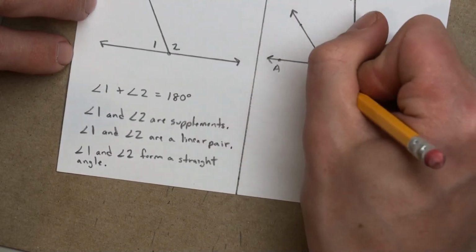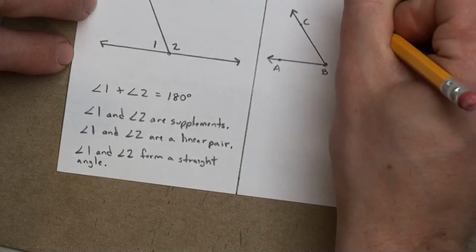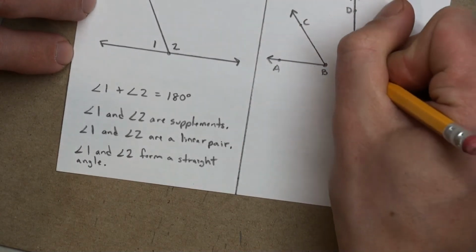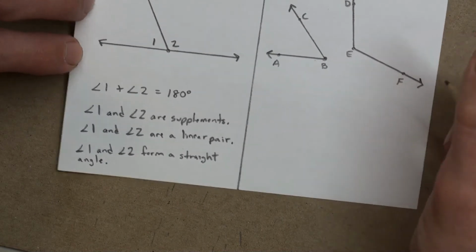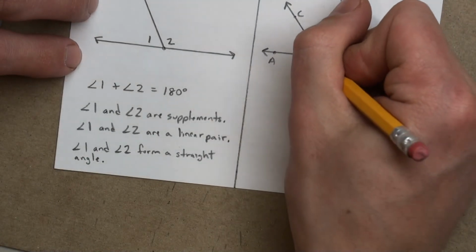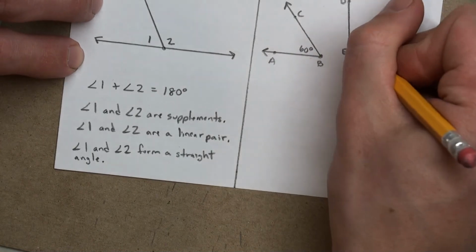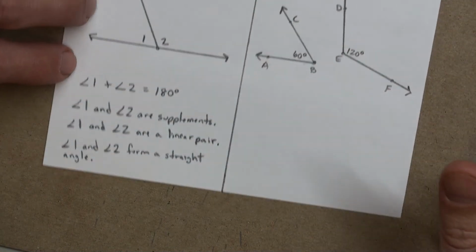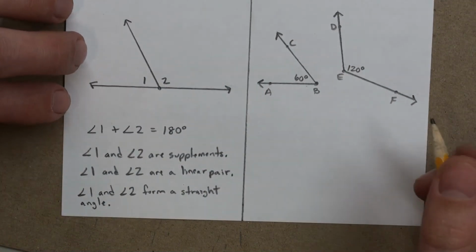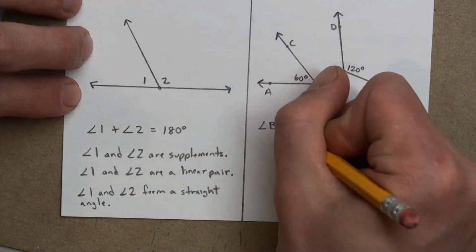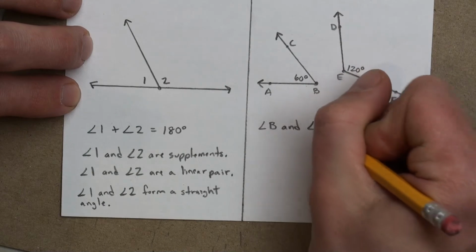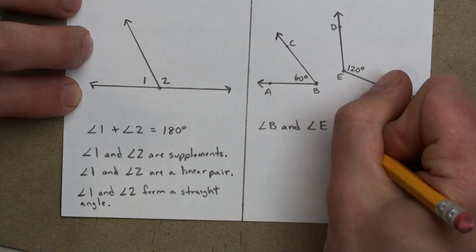Let's say this is A, B, C, and this is D, E, F, and let's say this is 60 degrees and this is 120 degrees.